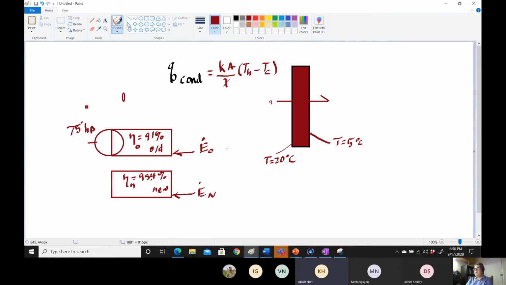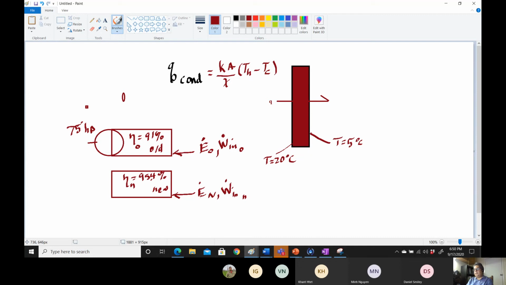You could basically call it W in. There's nothing wrong with that. The only thing is there's two: each motor will have a different work in, and because the old one is not as efficient, it's going to need more electricity, more electric work to put in, than the new one.